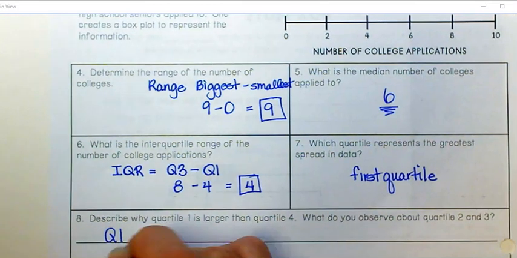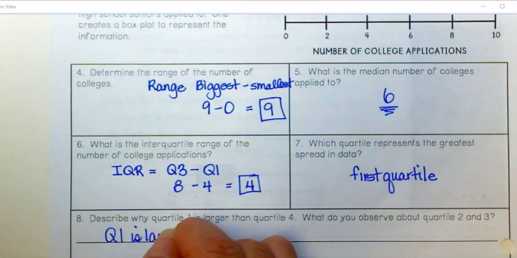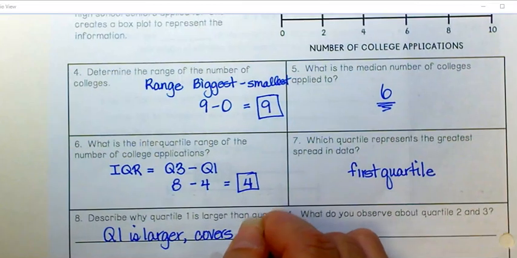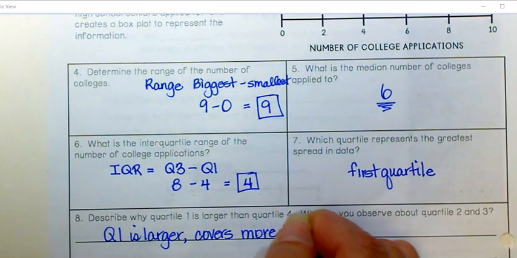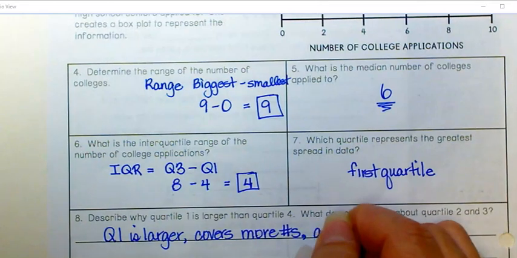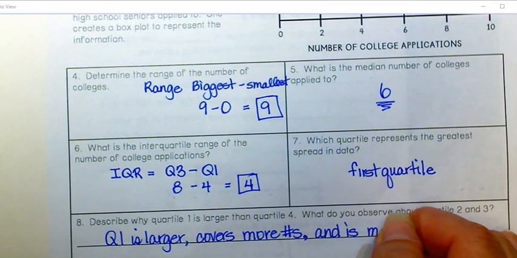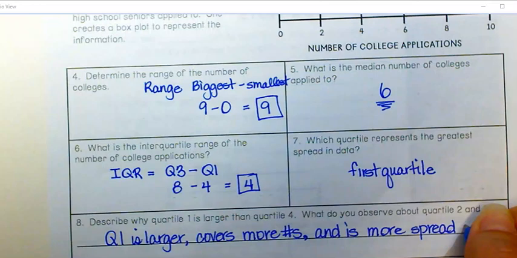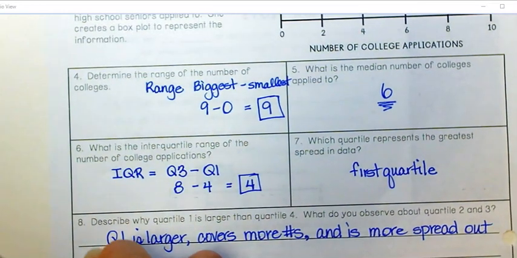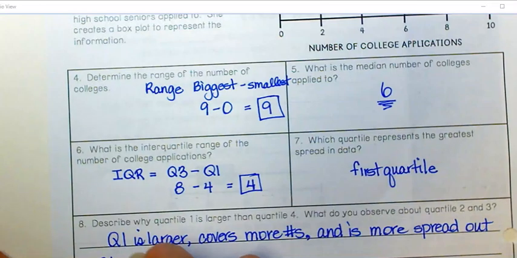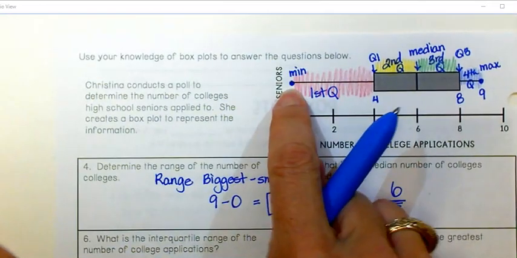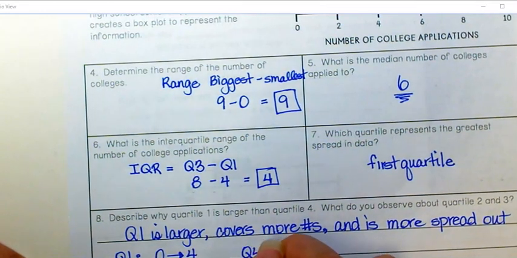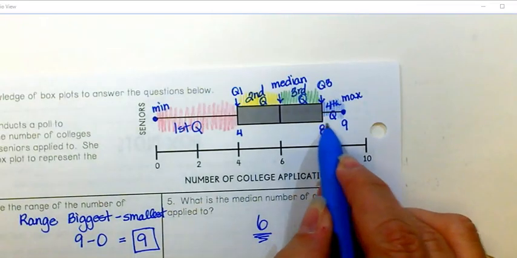Quartile 1 covers more numbers and is more spread out, because quartile 1 goes all the way from a reading of 0 up to 4. Whereas quartile 4 only goes from 8 up to 9.